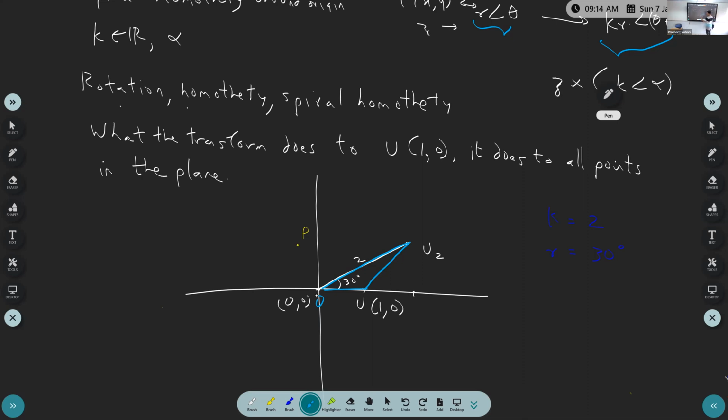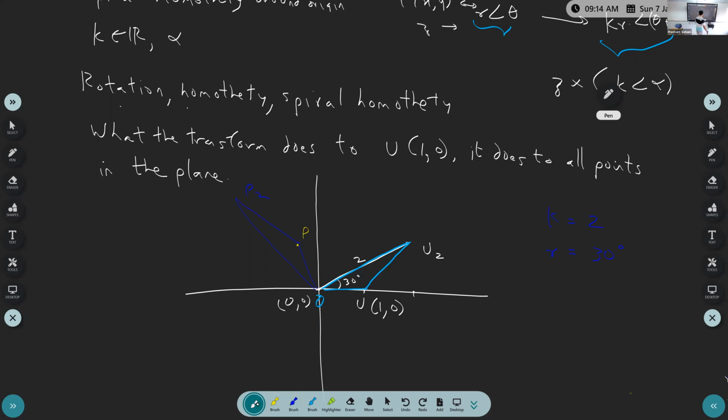So let me consider triangle OUU2 and construct a similar triangle OPP2 with the same correspondence over here. Then do you see that P2 will be the image of P under the same operation, because of the similarity?